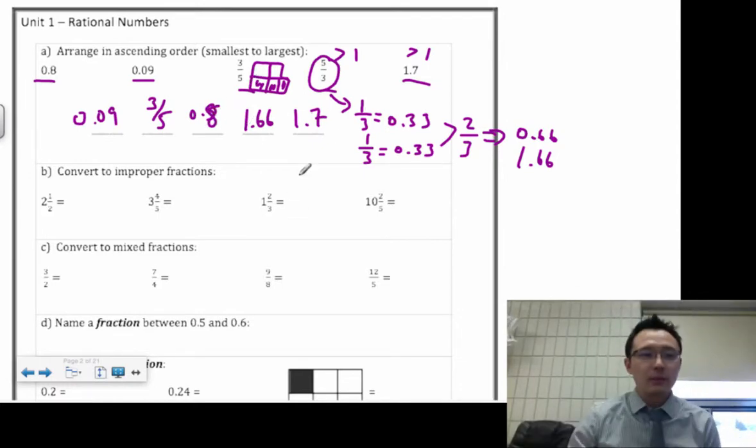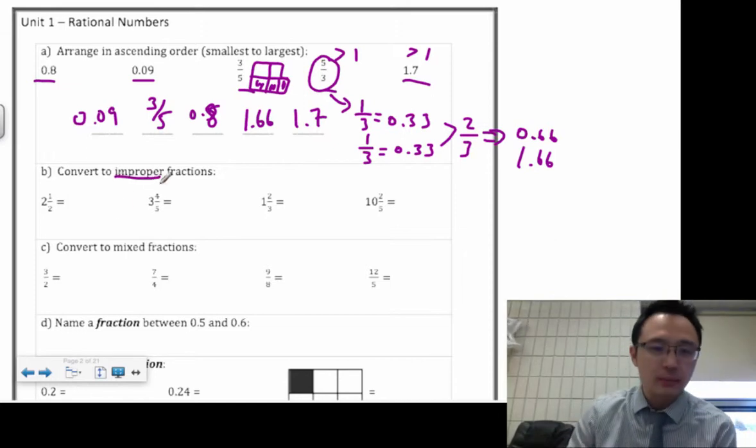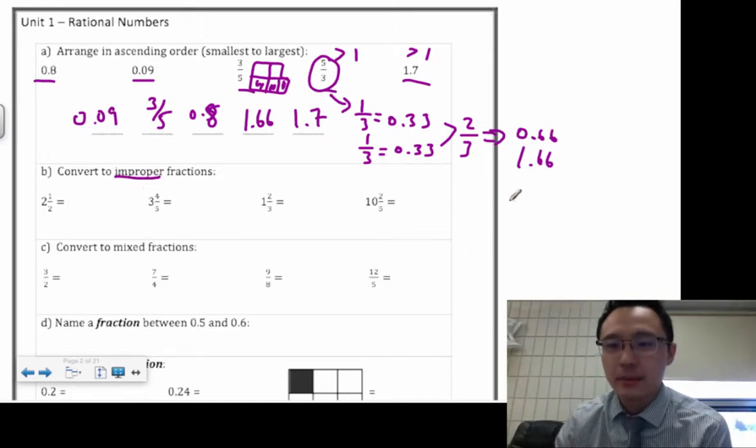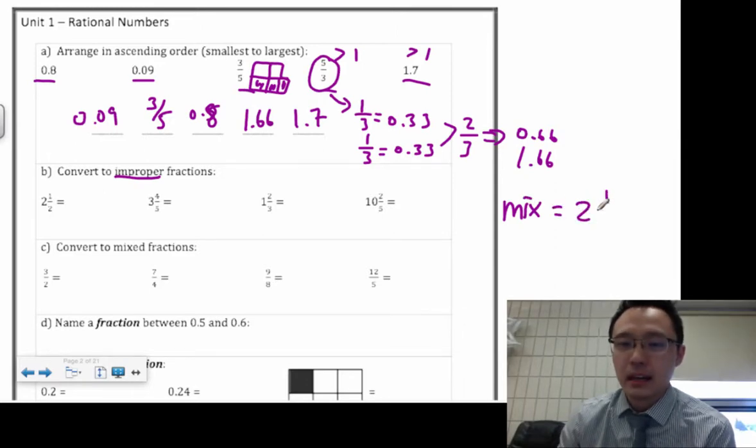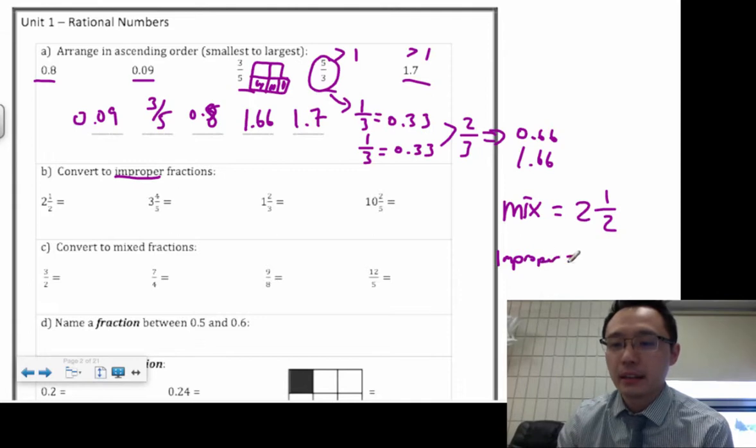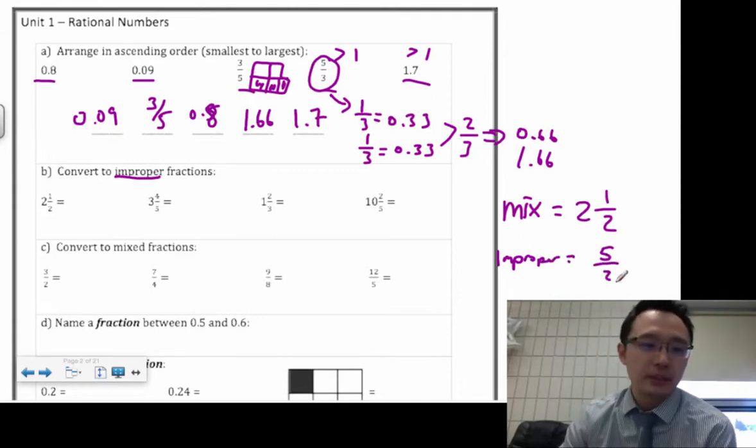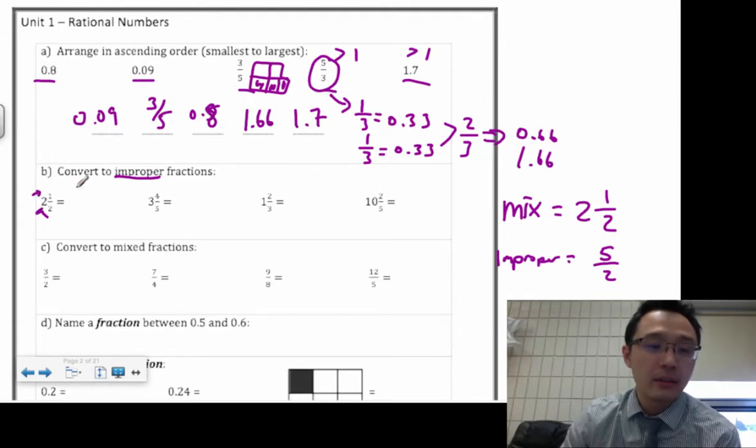That's it. Converting improper fractions. Improper fractions, remember mixed numbers. Mixed numbers have something like this. And improper has the numerator bigger than the denominator. So this is going to be 2 times 2 plus 1. So that's going to be 5 over 2.